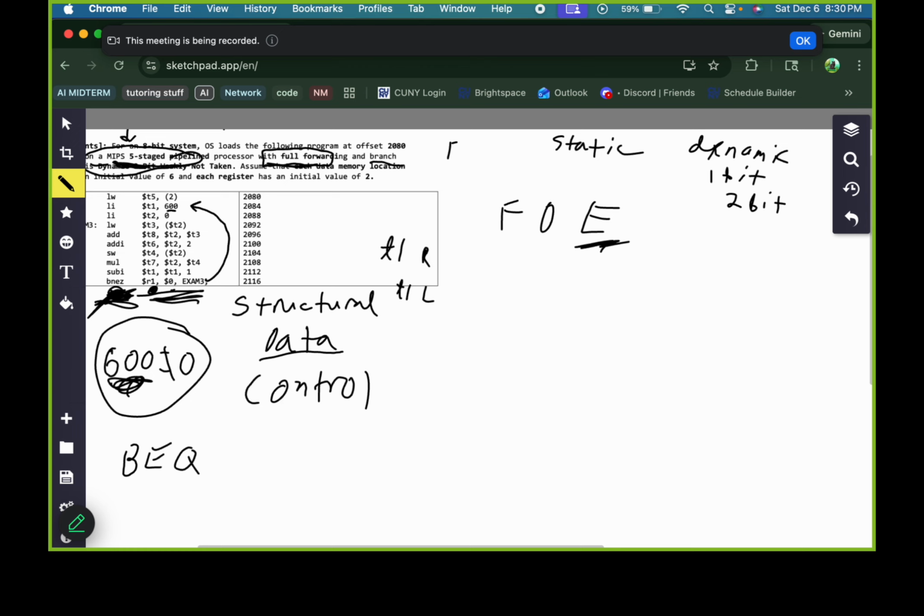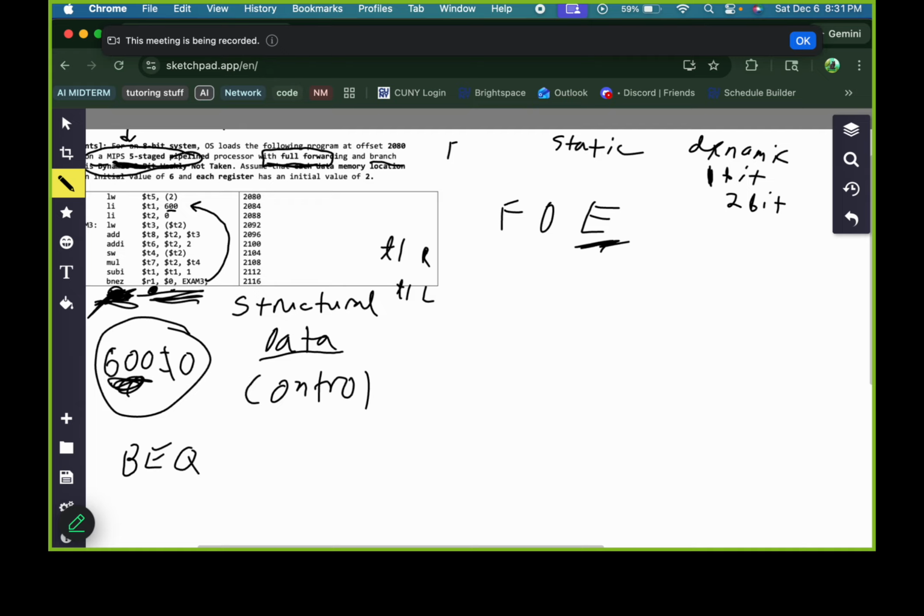It's stubborn. It's always going to stay at take the branch or don't take the branch. But dynamic 1-bit and 2-bit can learn from this. The problem is 1-bit can flip-flop around, right? So if it tells you, okay, take the branch, and you were supposed to not take the branch, it flip-flops, and now it becomes don't take the branch for the next time around.